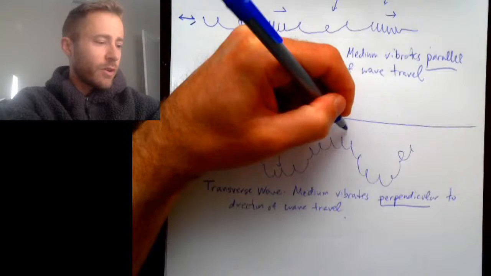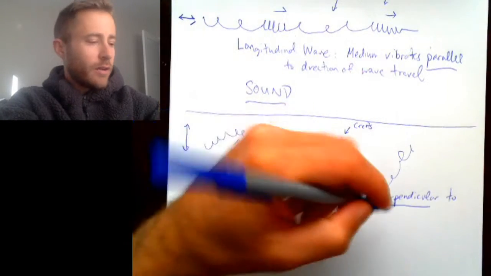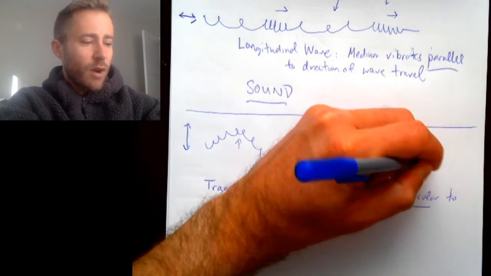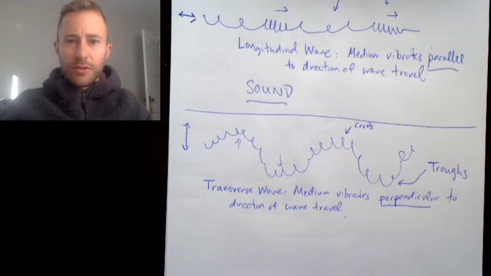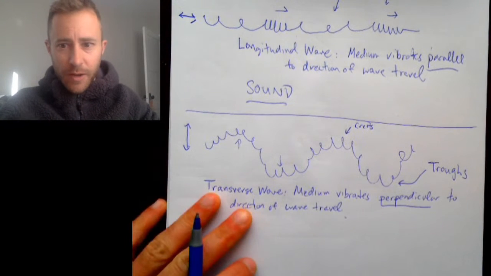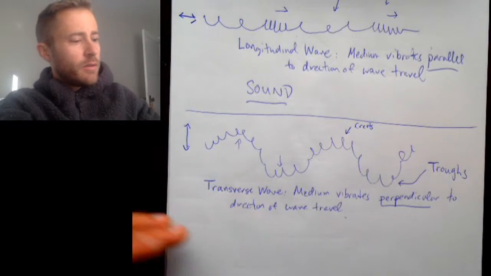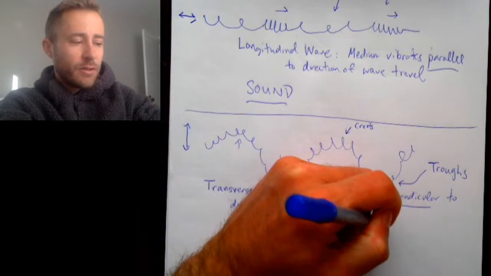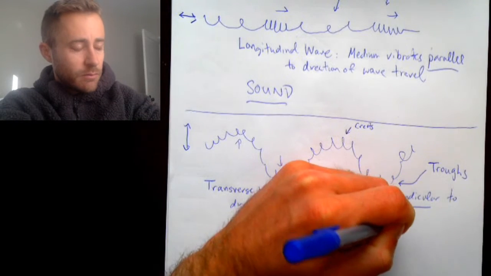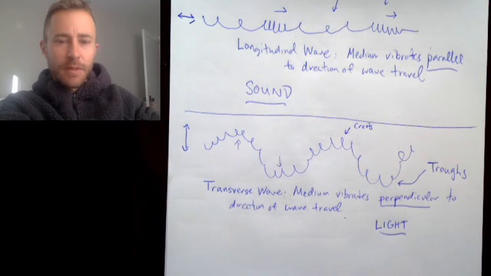The peaks are called crests, and the valleys are called troughs. So we have crests and troughs, compressions and rarefactions. The best example of a transverse wave is light. Electromagnetic waves.